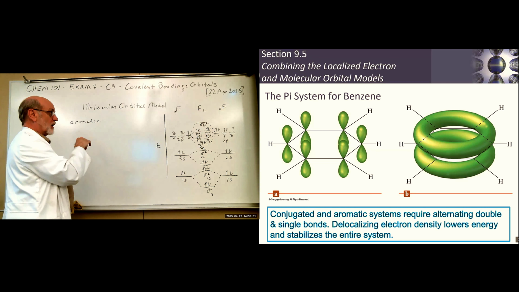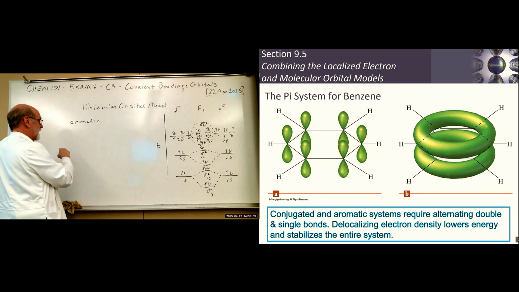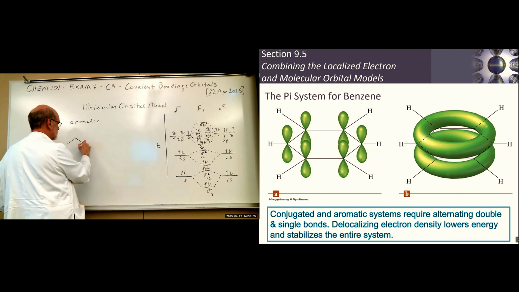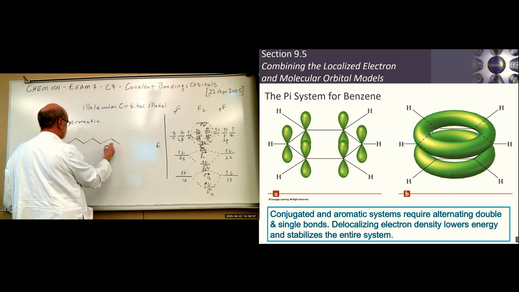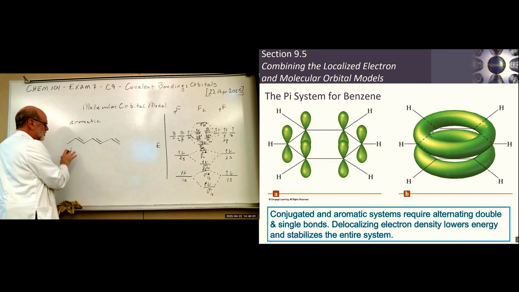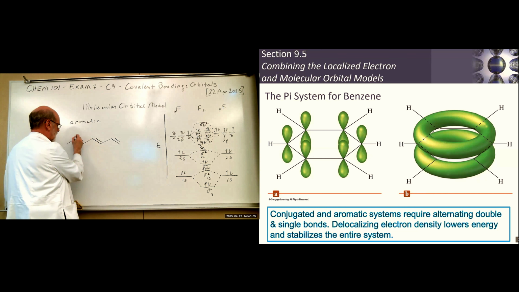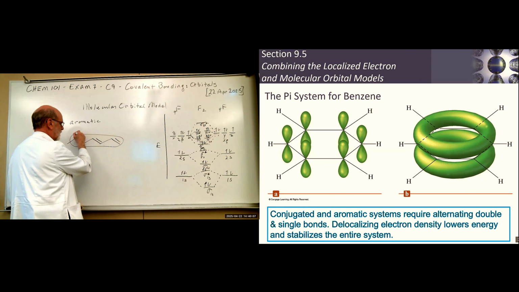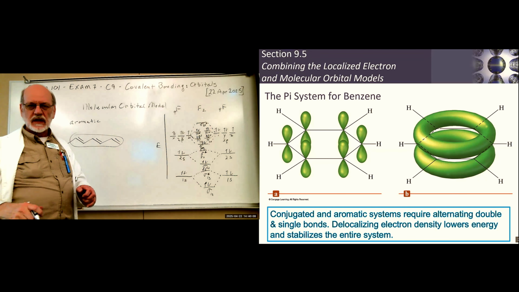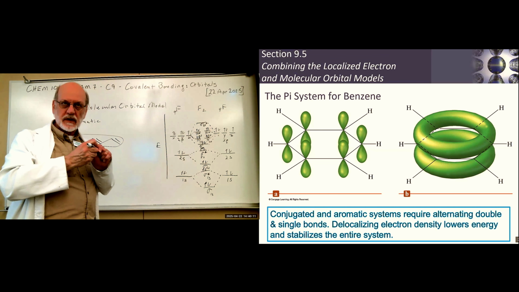But for long molecules that have alternating single and double bonds, like that, you get this delocalization over that entire structure. And that's called conjugation.